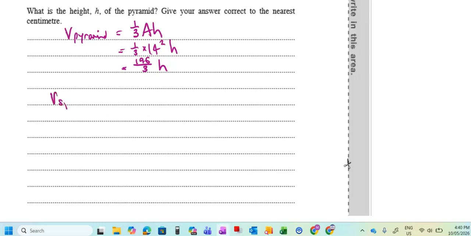I know that the volume of any sphere equals 4 on 3 pi r cubed. So the volume of one sphere in this case is 4 on 3 pi times my radius, 1.5.